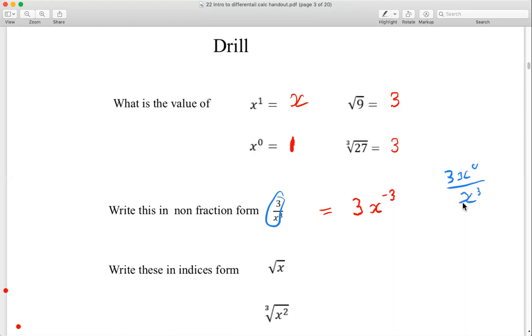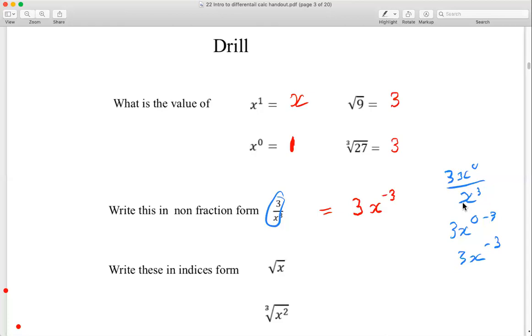When we divide with indices, we take them away, so it becomes 3x to the 0 minus 3, which is 3x to the minus 3. We need to be able to do that to do the differentiation. If we've got something in fractional form, we need to be able to bring the power of x up to the top, and that's how we do it. Just move up, change the sign.